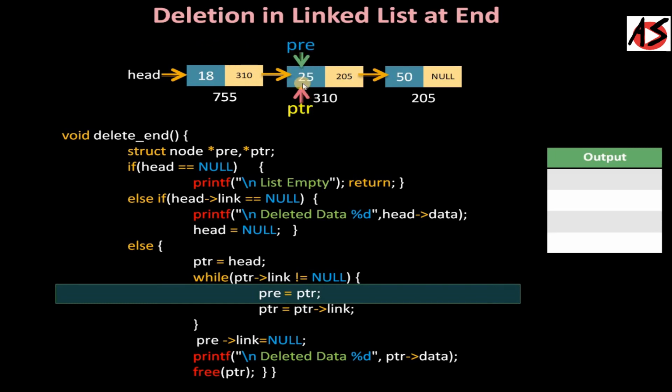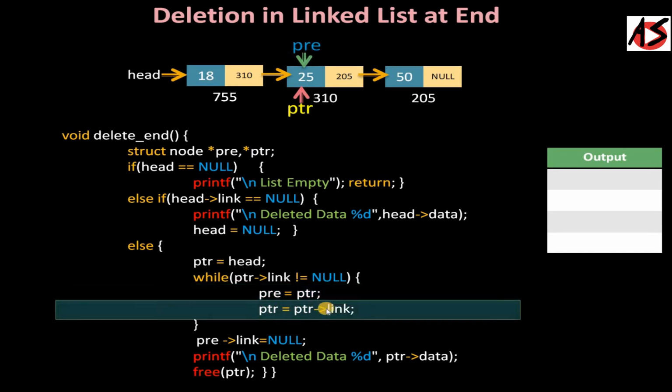Now again we will do pointer is equal to pointer link part. So pointer link part is 205. So we have to shift the pointer to the 205 address. So our pointer is shifted to the node having address 205.